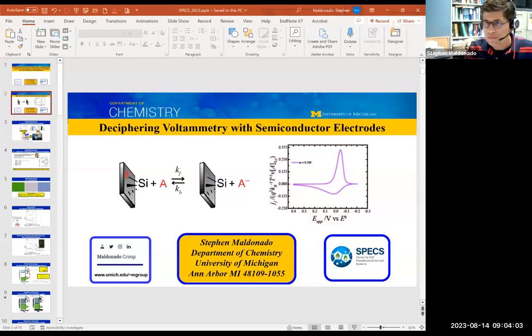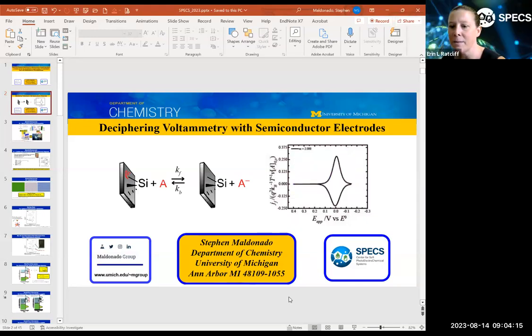Okay, great. Thanks, Erin. Let me get my screen set up. I can't always tell with multiple monitors. Are you able to see the full slide or just the presenter view, or what version of PowerPoint are you seeing? We cannot see presentation mode.